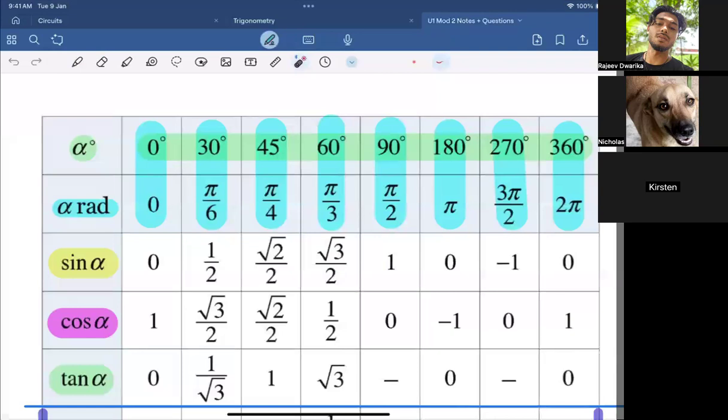Which two angles could I add or subtract to get 210? Yeah, you can say 270 minus 60, right?